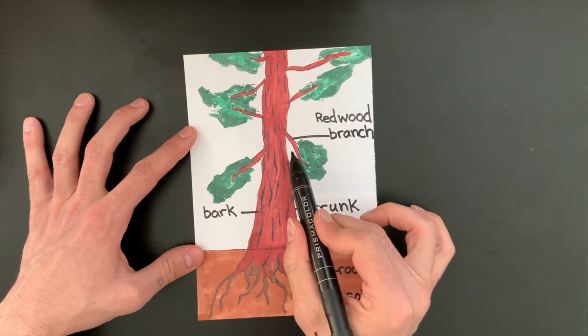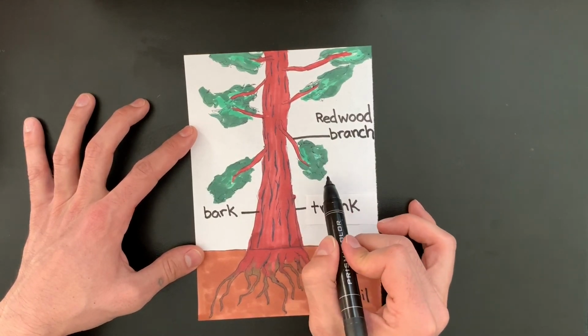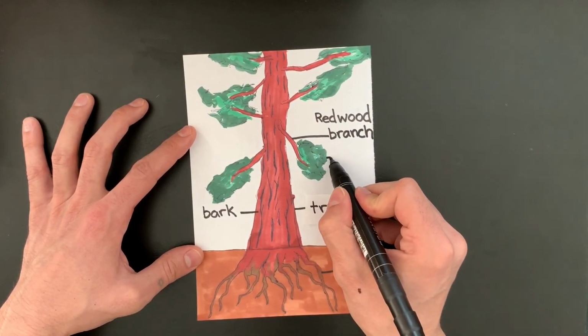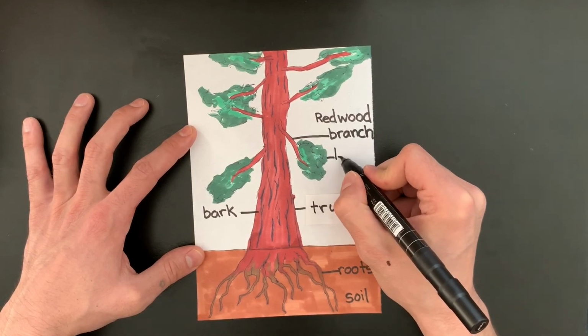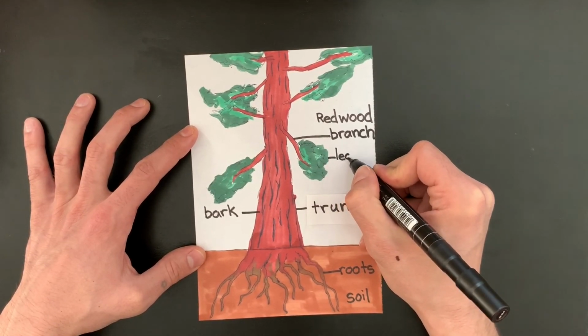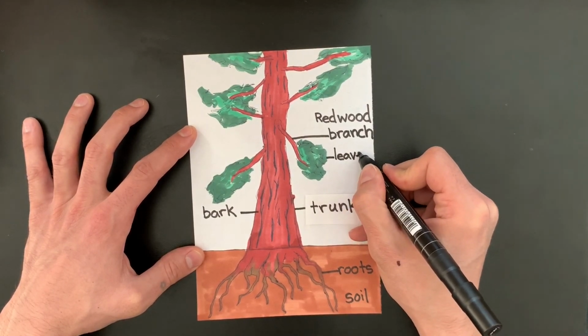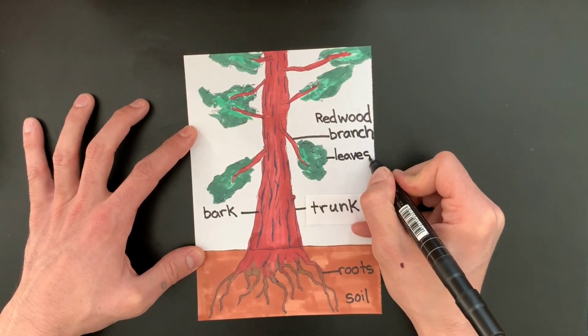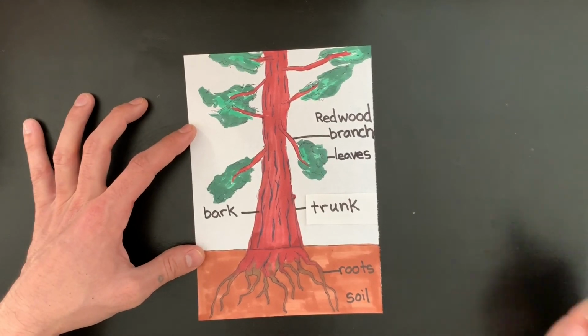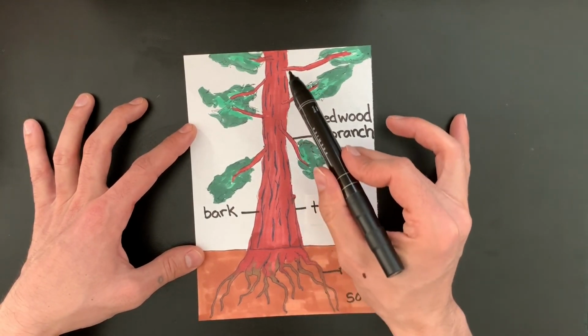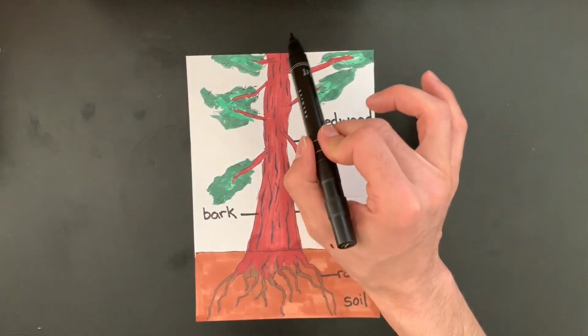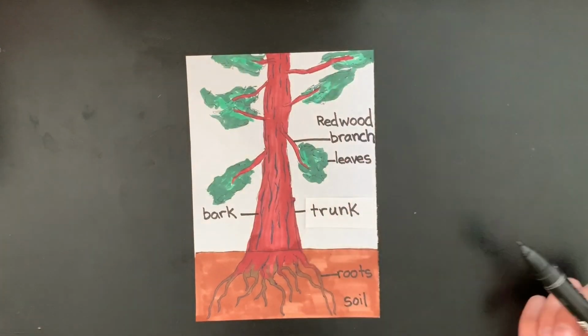Branch. And of course, on the branches grow the leaves. L-E-A-V-E-S. Leaves. And we keep going up, and this tree is so tall, I imagine there's a whole bunch more all the way at the top.